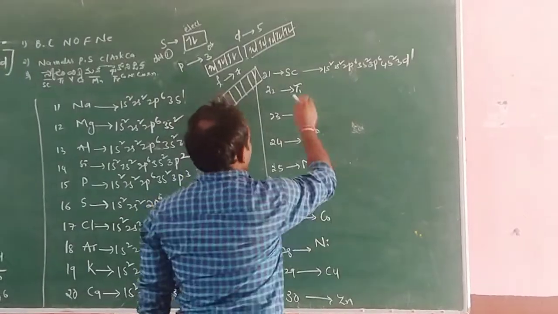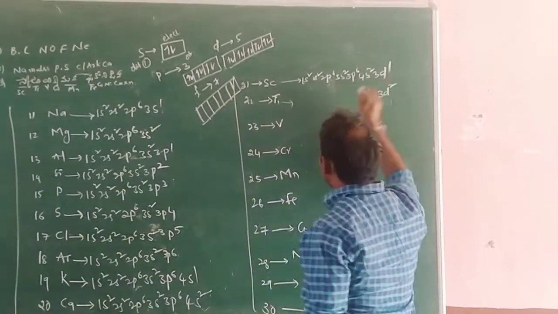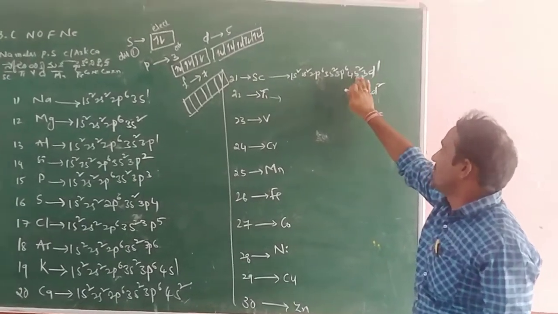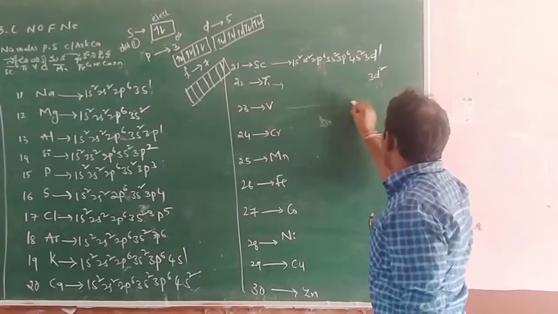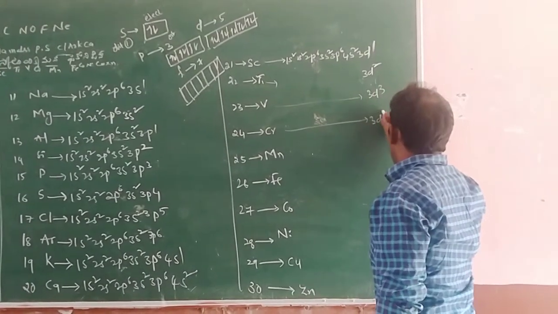The next, atomic number 22, is 3d2, similarly 1s2, 2s2, 2p6, 3s2, 3p6, 4s2, 3d2. Next 3d3, next 3d4.